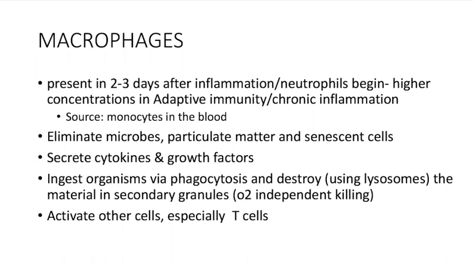They secrete the cytokines and growth factors, like I said. They ingest organisms via phagocytosis and destroy using the lysosomes. Remember, we're making the phagolysosome, and that material in the secondary granules. That's that O2 independent killing, that respiratory burst. They activate other cells, especially T cells, which we're going to be talking about for adaptive immunity.